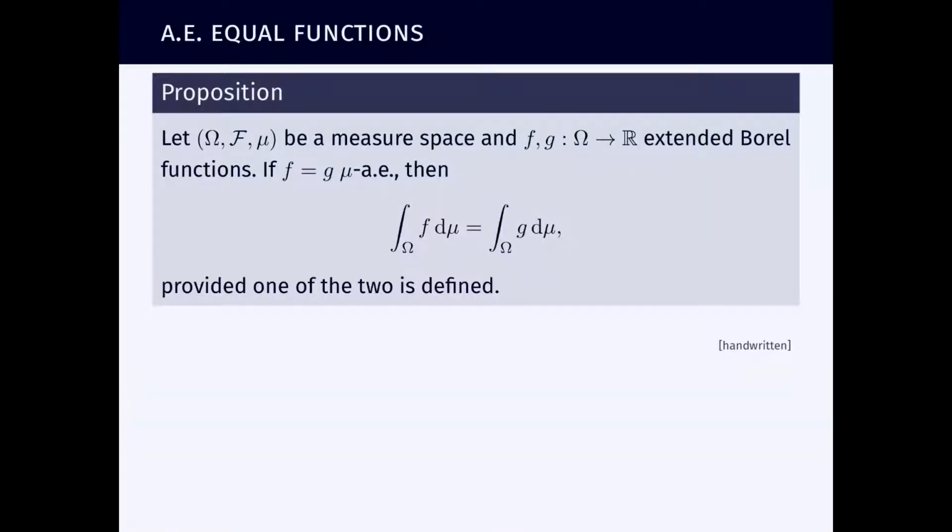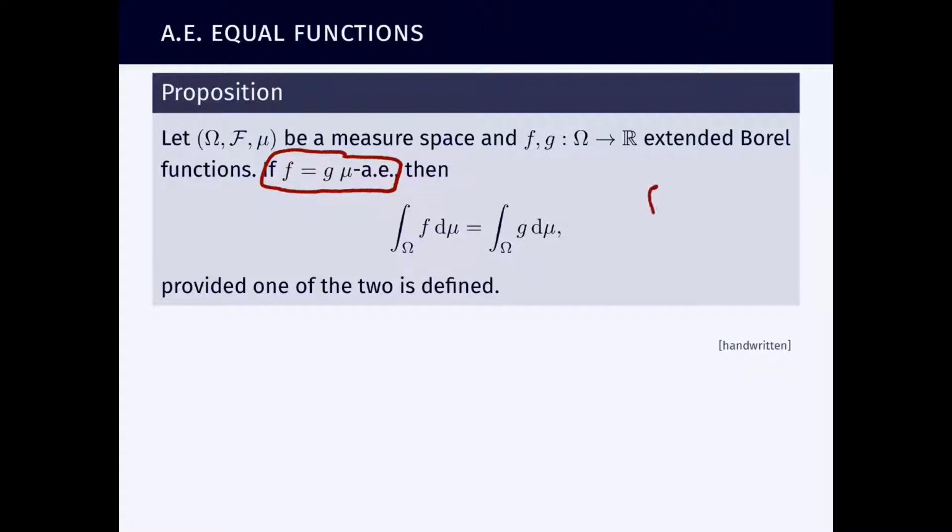And since measure theory is a very robust theory, it's very insensitive to what happens in sets that have measure zero. And for most purposes in this module, and for most purposes when integration is happening, it really does not matter what happens in sets of measure zero. So if two functions f and g are equal mu almost everywhere, what does it mean?